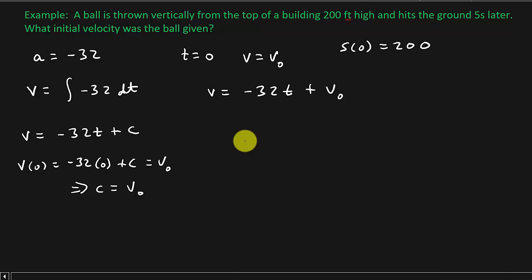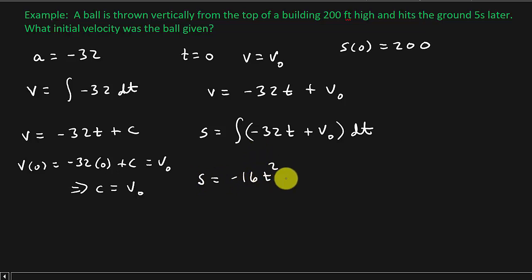Okay, so let's see. We've got s is equal to the integral of negative 32t plus v0 dt. So let's integrate this. We get s is equal to negative 16t squared plus v0 t plus some constant c.